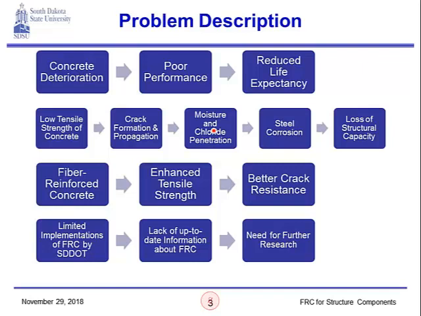We have these fibers which help bridge the cracks and prevent them from enlarging and propagating, hence protecting the steel from any moisture and chloride. So we have more crack density, but all of these cracks would be very small in size, they wouldn't allow moisture and chloride to easily penetrate to the steel, and that's how we enhance the overall crack resistance of the concrete.